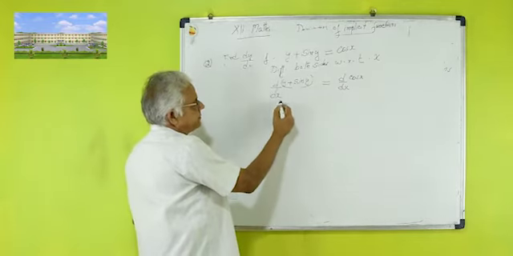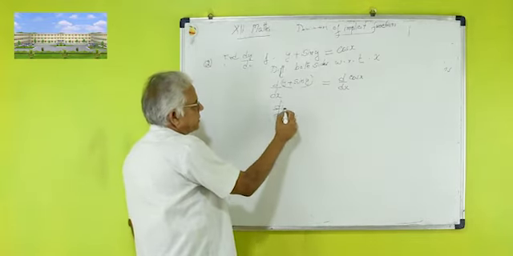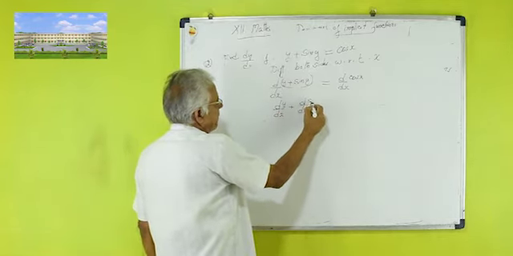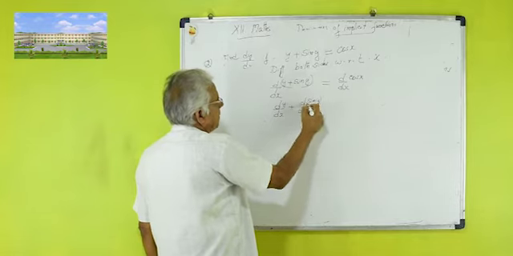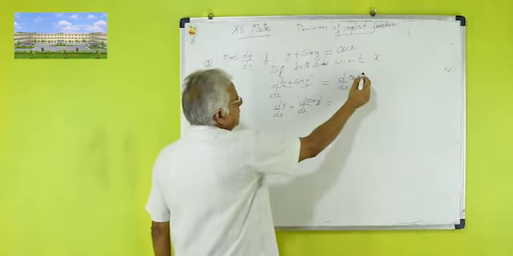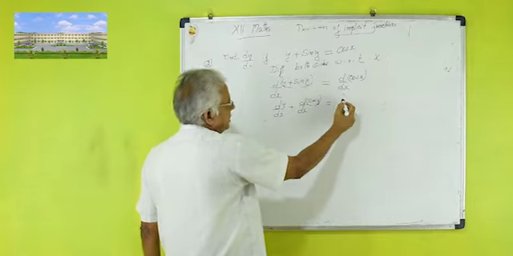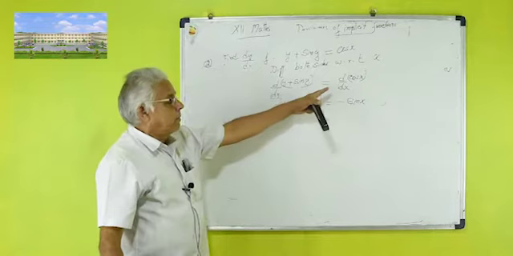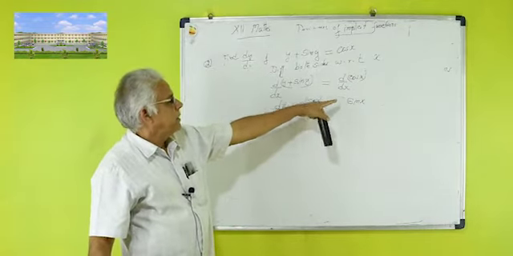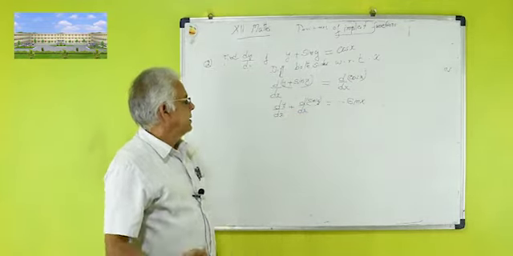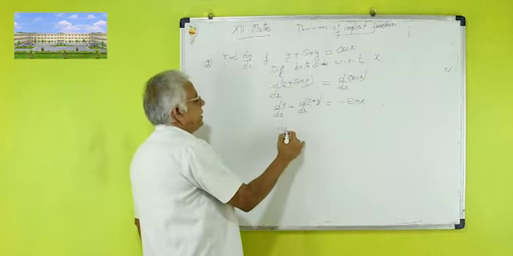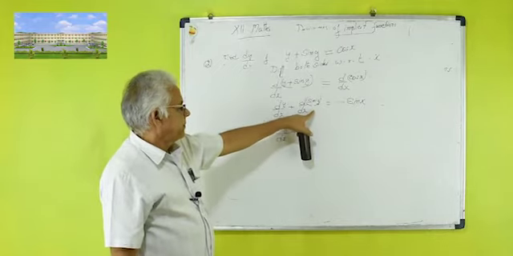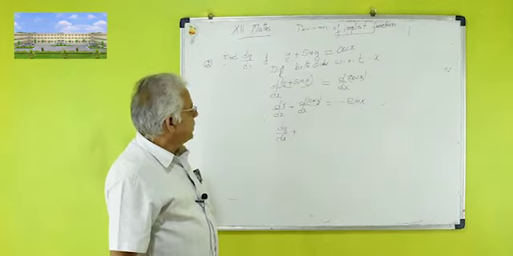Sum rule: dy by dx of the first term plus dy by dx of sin y is equal to the derivative of cos x with respect to x, which is minus sin x. The first term has no change: dy by dx, plus, apply the chain rule to the derivative of sin y.